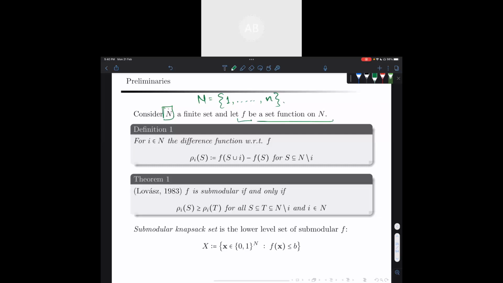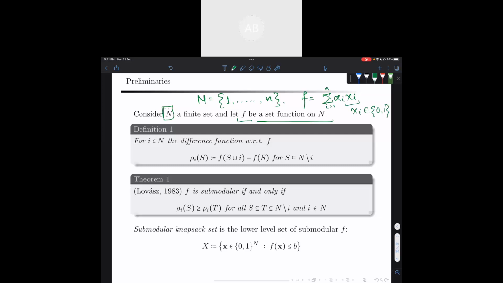right? What I mean by that is, let f be just a 0 1 set, right? So let's say alpha xi, where xi's are 0 1.